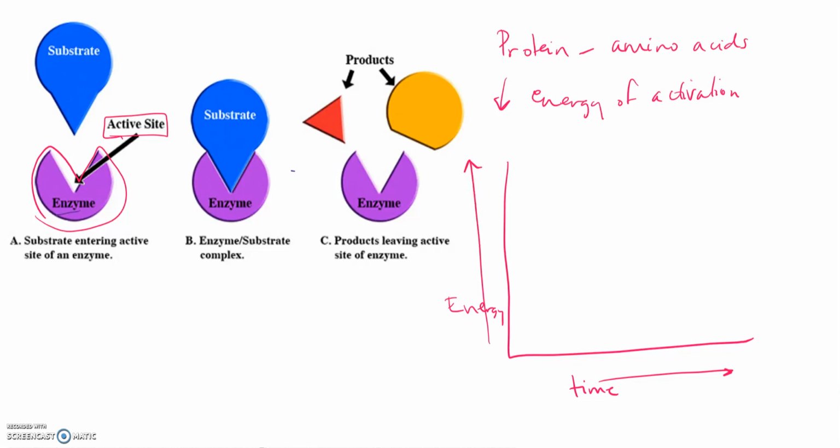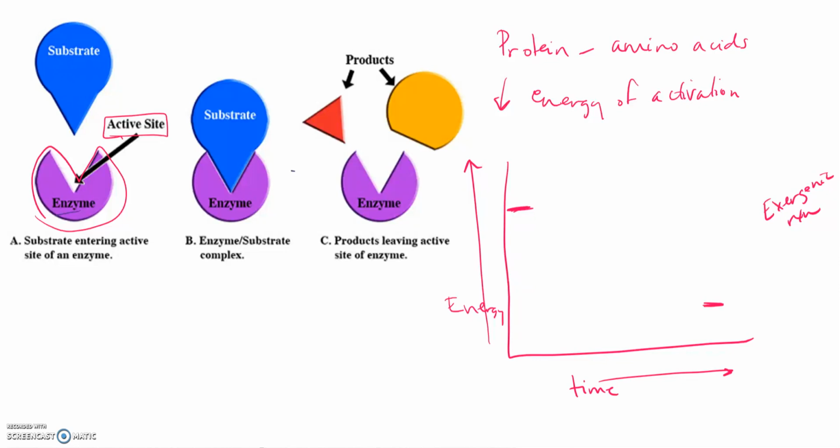Let's say that we have a certain amount of energy right here in our substrate, or we could say in our reactants in the beginning molecules. And at the end, in our products, we have a certain amount of energy, so we have much less energy in our products. Okay, you can recall that this is called an exergonic reaction because energy should be released.